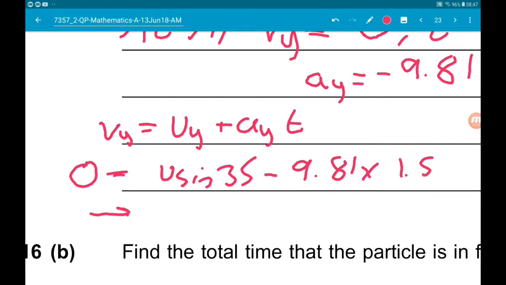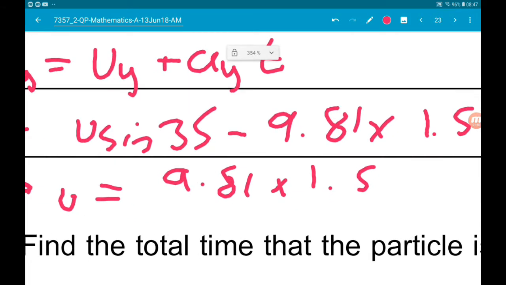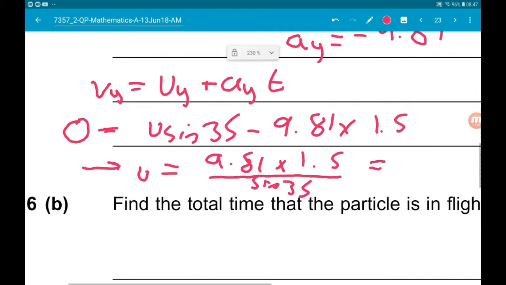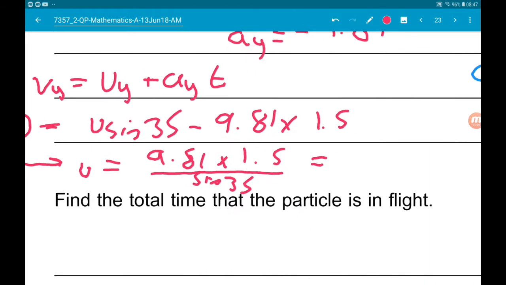Therefore, if we add the 9.81 times 1.5, we can get that u is 9.81 times 1.5 over sine 35. Now that to 3 sig figs gives us 25.7 meters per second. Cool.